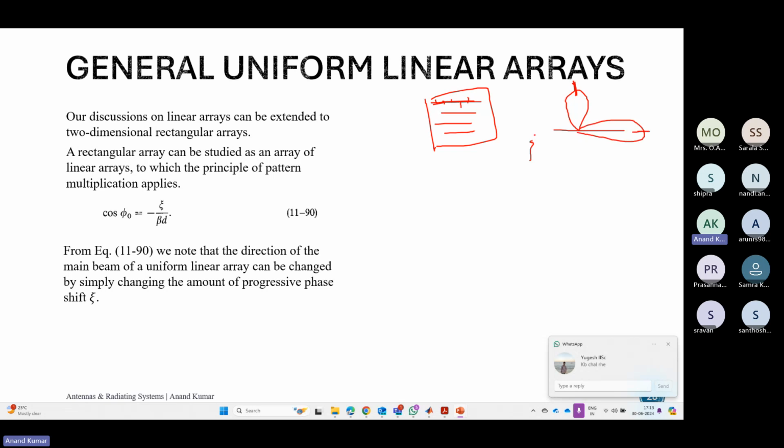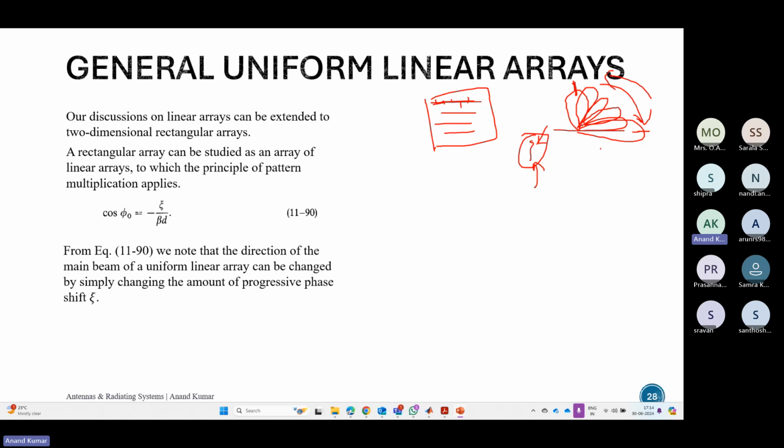So by tuning this xi value we can get maximum radiation in one of the directions, and if we are able to change this in real time, we can also perform beam scanning. This maximum radiation direction could move from one direction to the other, and we can scan this area.